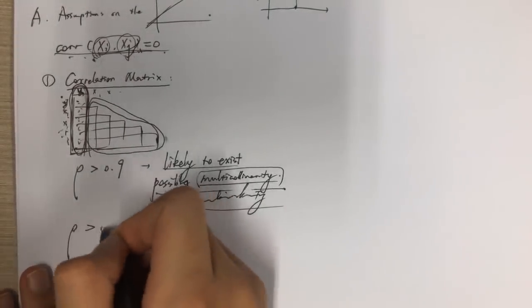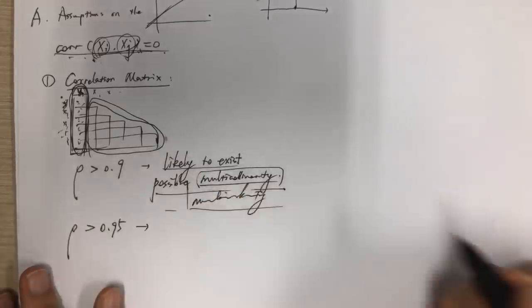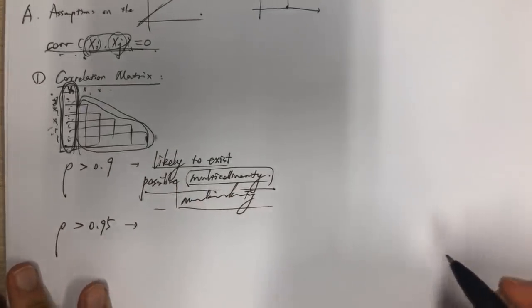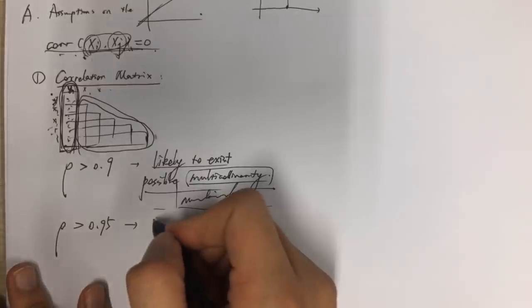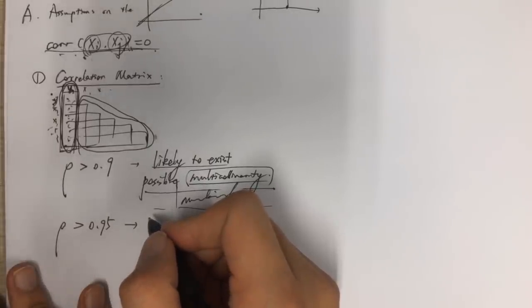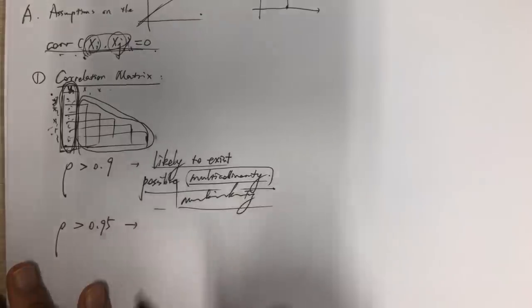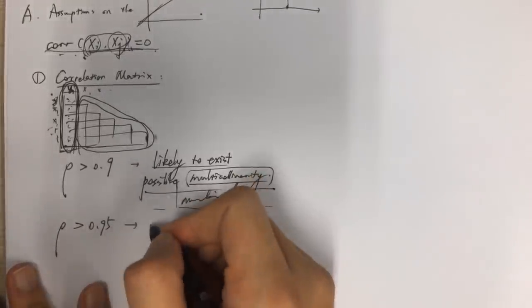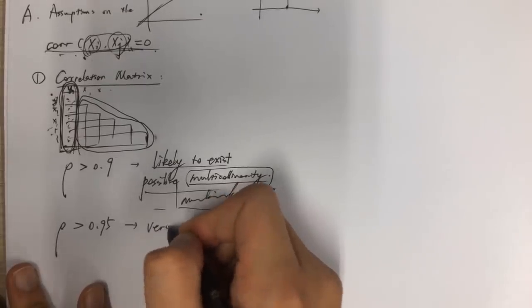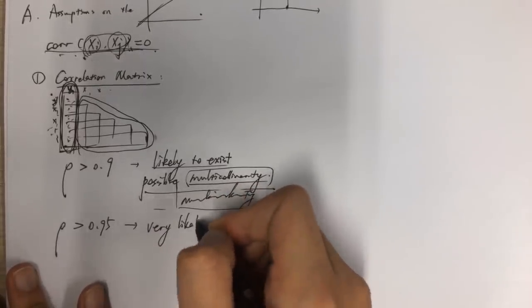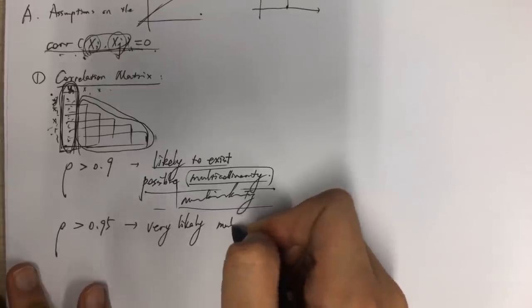And if you observe rho that is greater than 0.95, this means what? It's very likely to exist, right? So it's called what? It's very likely, okay? A multicollinearity.